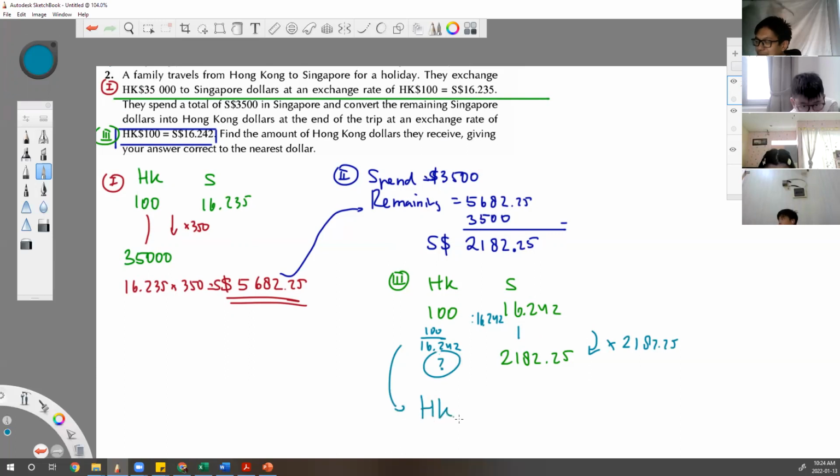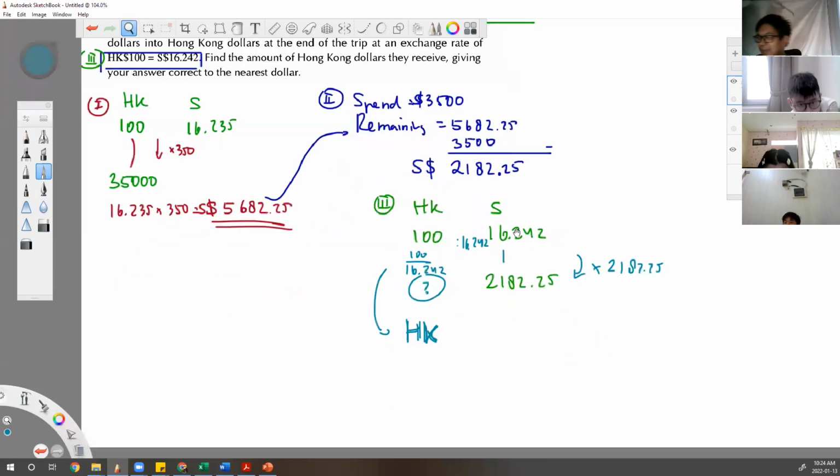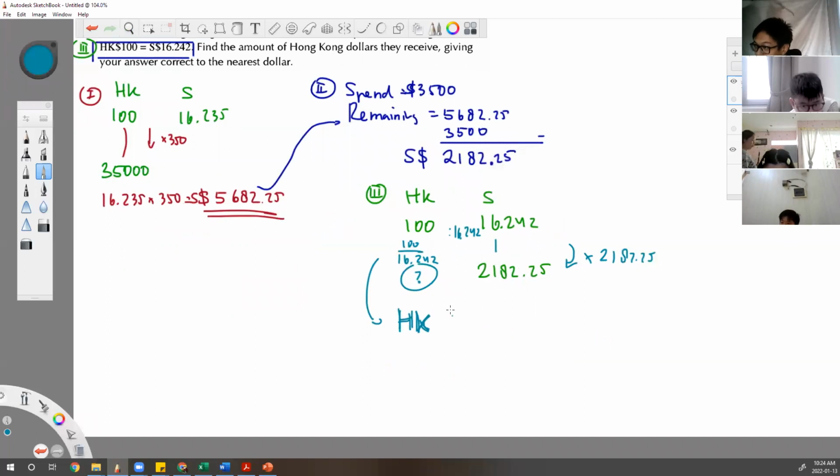So the amount of money they have when they convert into Hong Kong dollars again, going back home. So 100 over 16.242, this is the one we use, times by 2,182.25, since turning it into one first makes it easier. Now calculate with the calculator. 100 over 16.242 multiplied by 2,182.25.